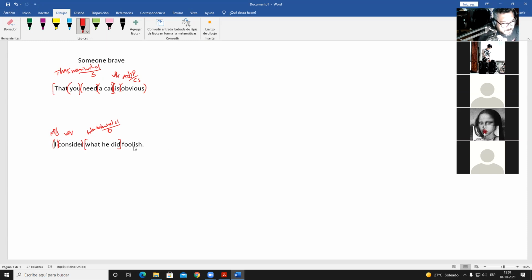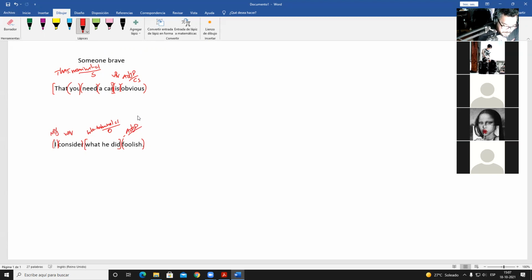I don't agree with the example because, in my opinion, foolish, even though it's an adjective phrase, is providing information, right, about another unit. I consider what he did. How do I consider what he did?